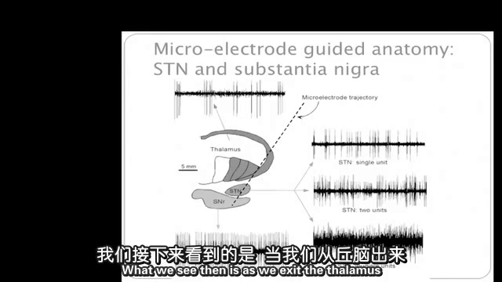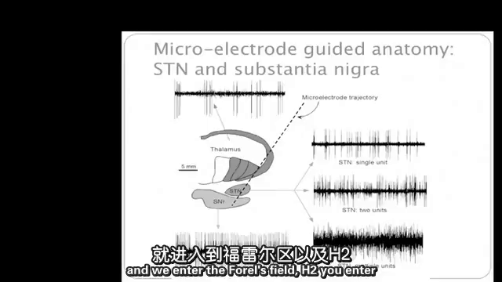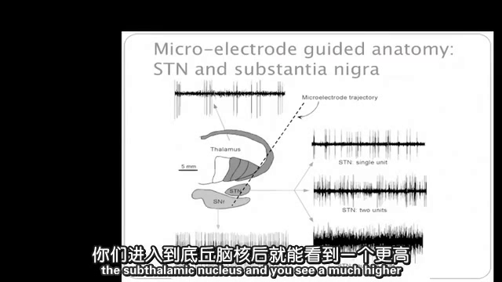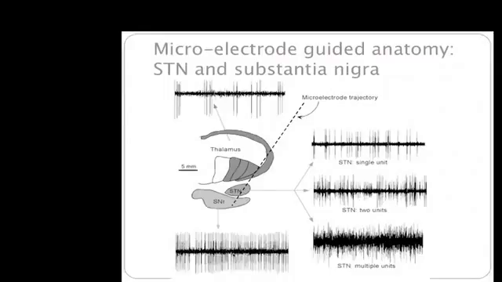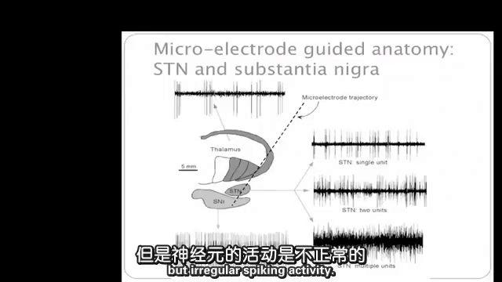As we exit the thalamus and enter Forel's field H2, you then enter the subthalamic nucleus, and you see a much higher frequency, regular but irregular spiking activity.